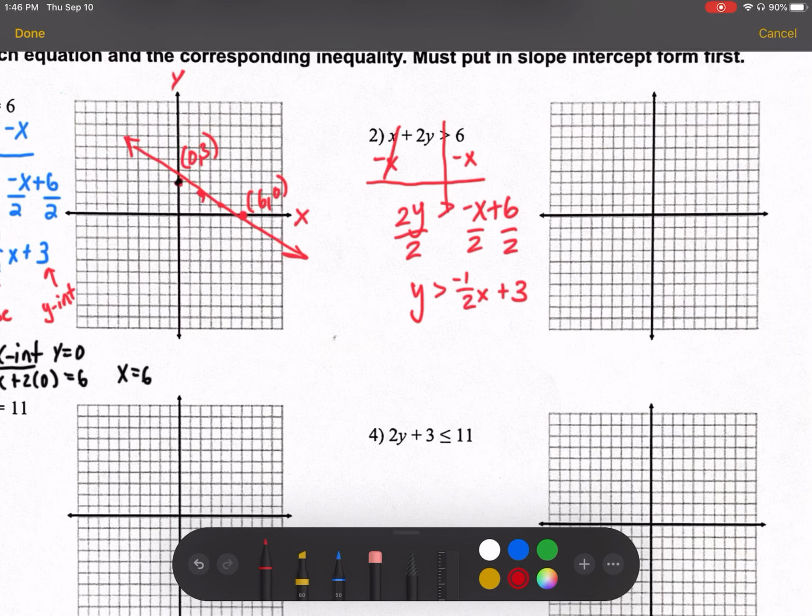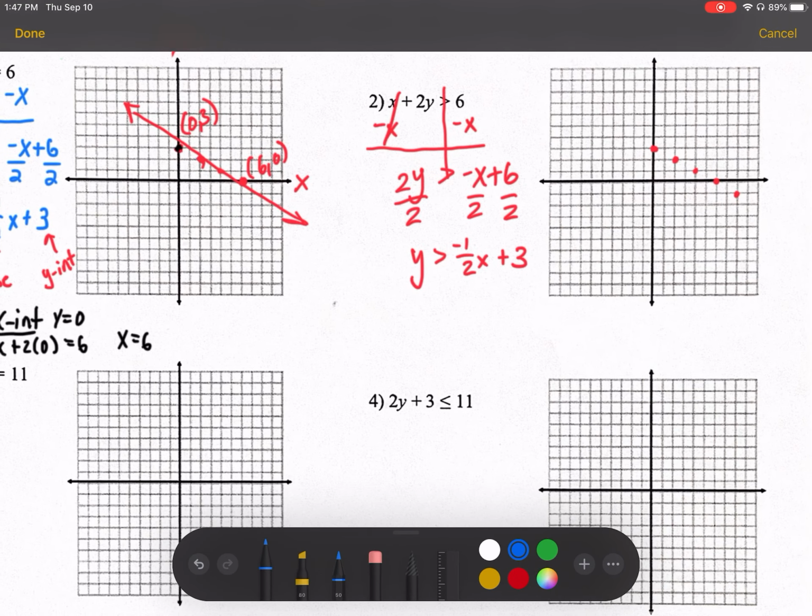So this is the same line, so it should actually get graphed the same way. So we have our y-intercept of 3, and then from there we're going to go down 1 over 2 to make our line. Now, what we need to look at when we're talking about inequalities: if we have things that are not equal to, so greater than and less than, those are going to be dotted lines.